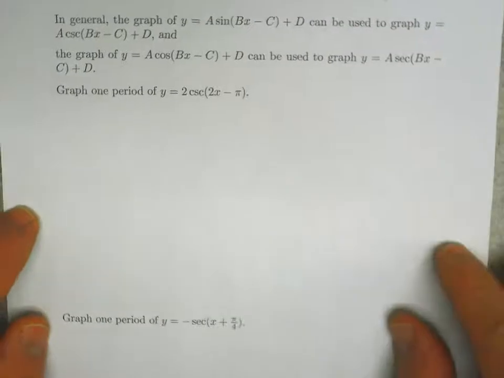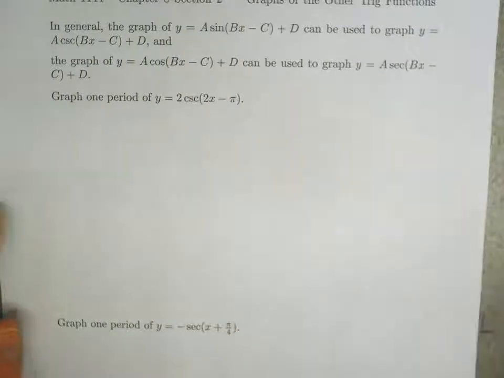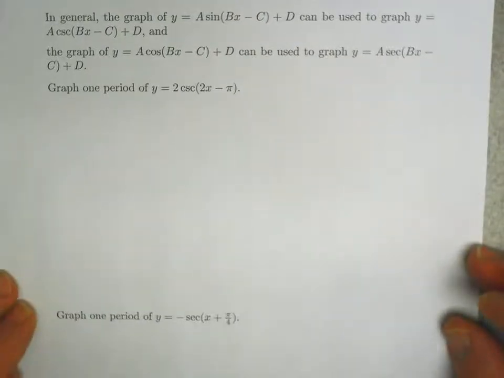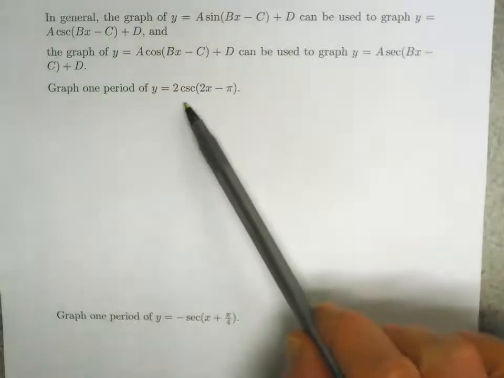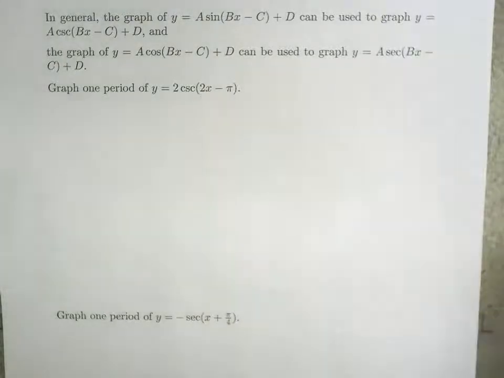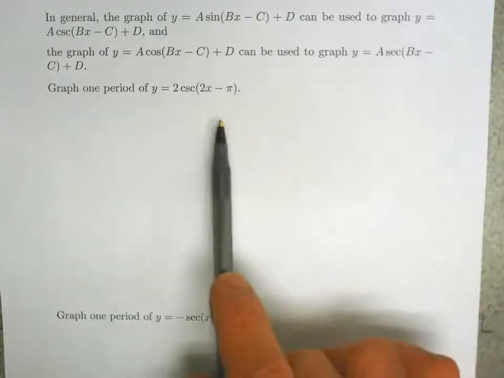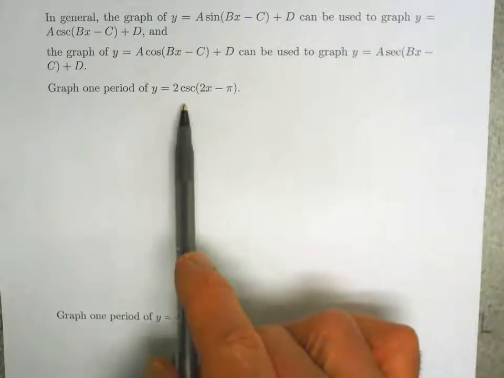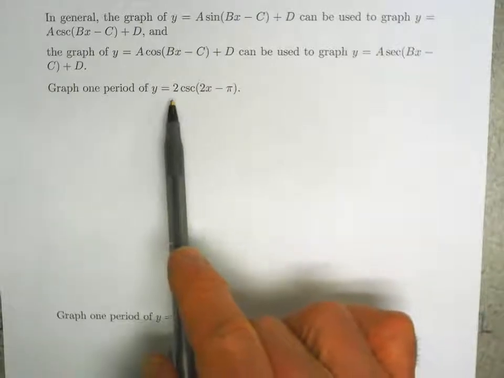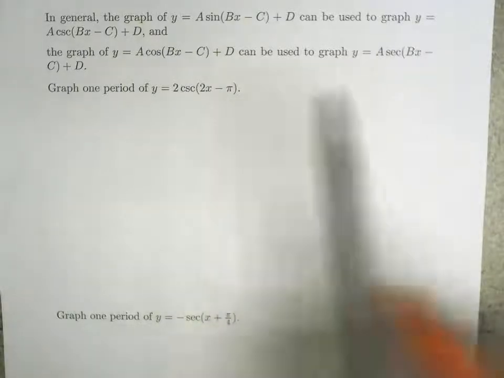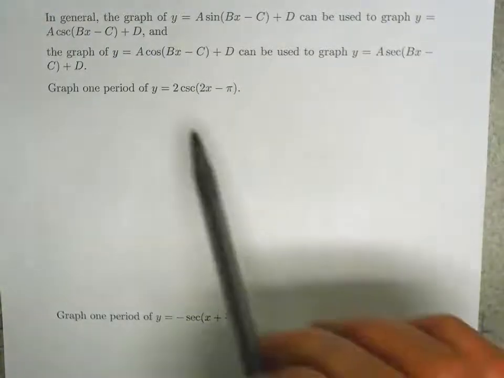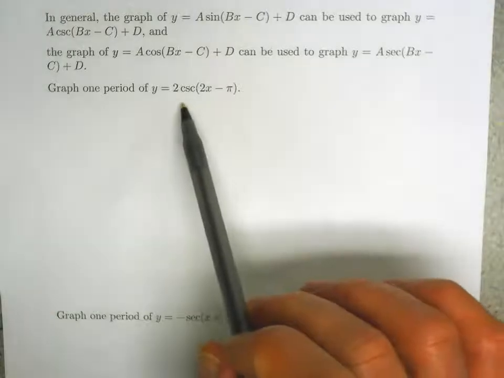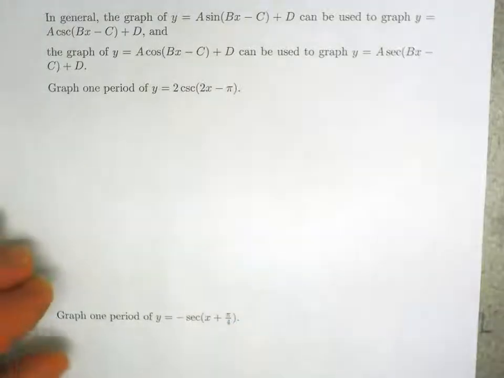Okay, since I won't do these two problems, I'll just mention a couple of things. If you want to graph one period of y equals 2 times cosecant of 2x minus pi, then just graph y equals 2 times sine of 2x minus pi, and then plot the vertical asymptotes, and then sketch in the graph of y equals 2 times cosecant of 2x minus pi.